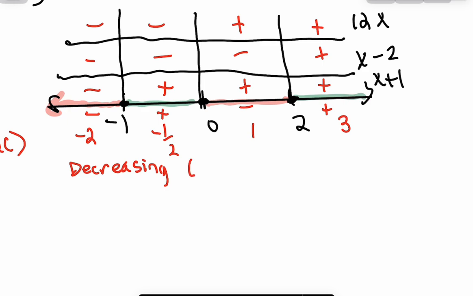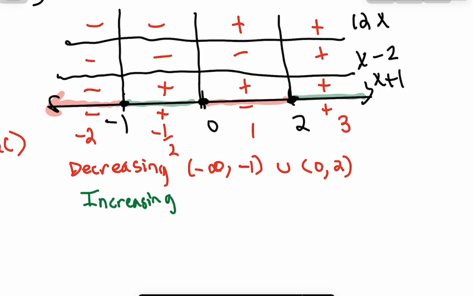So it's decreasing from negative infinity up to -1. And then there's another little spot from 0 to 2. The union indicates we have two separate pieces where this is happening. It is increasing where we go from -1 to 0, and then also from 2 to infinity.